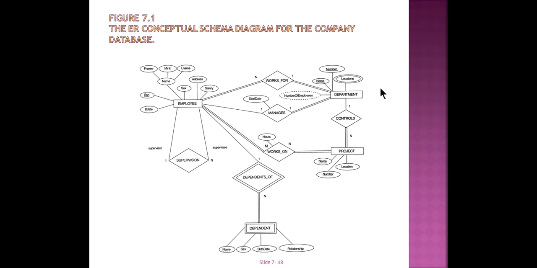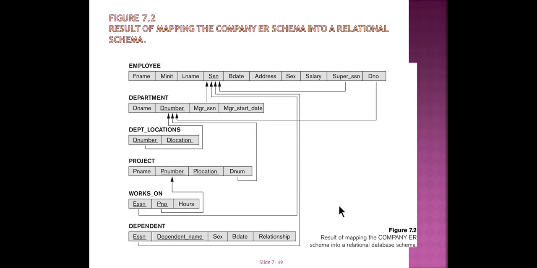You can name the table according to your requirement, according to your choice. The primary key of the department is department number, so department number and location will be there in the table. So you can see here department locations, department number and locations. These two are placed in the table.